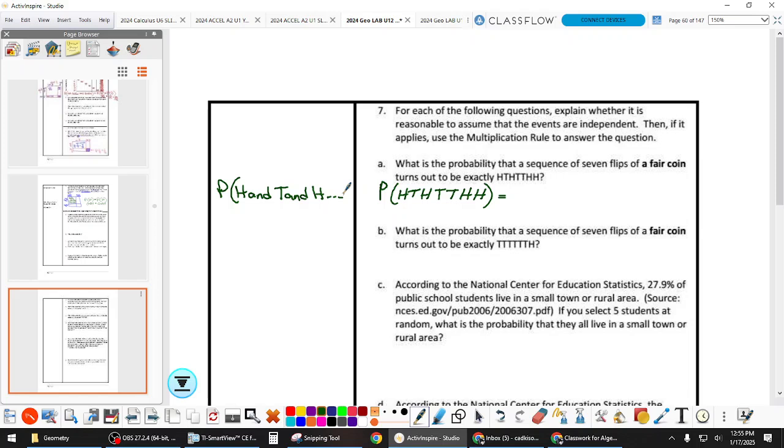So it's lots of "and" probability, right? Are the flips independent? They are, because one flip doesn't affect the other. So this is "and" then independent from there. So isn't it true that because it's independent, we can just multiply?